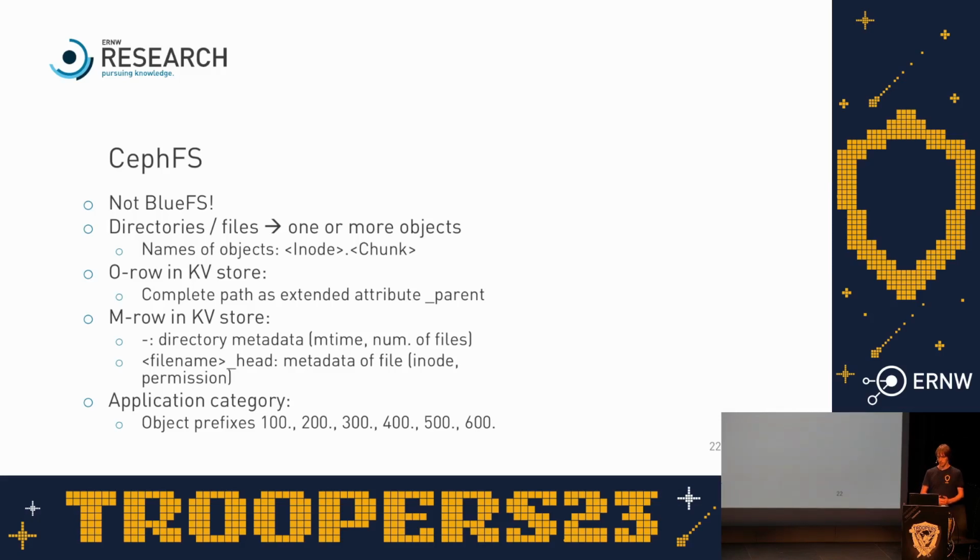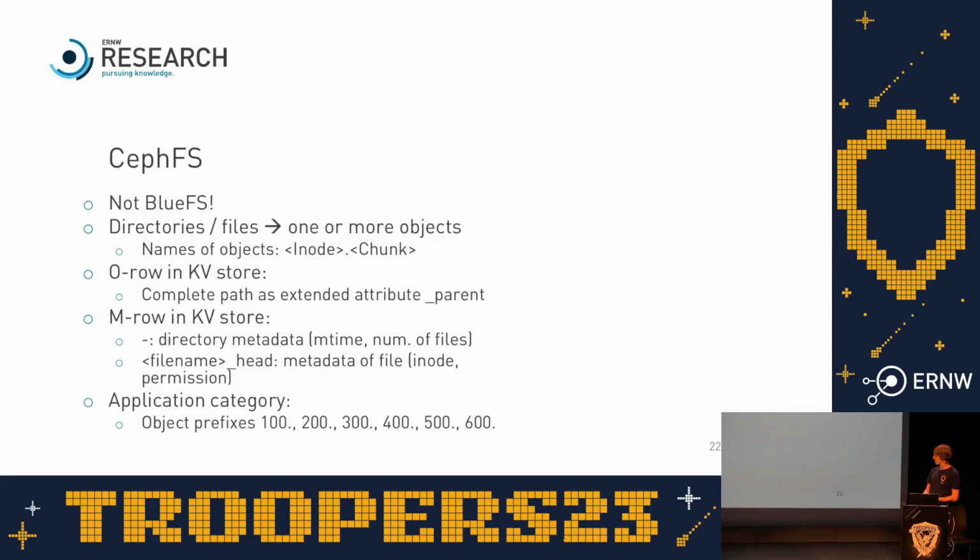And when we look in such an object at a row that contains a file name followed by _head, you will find some metadata for the file that is not stored at the object that represents the file, but in the directory metadata. So there you can find permissions, for example.